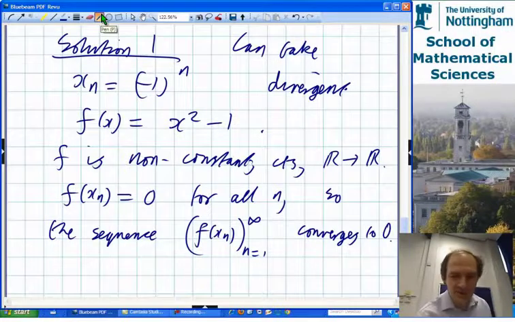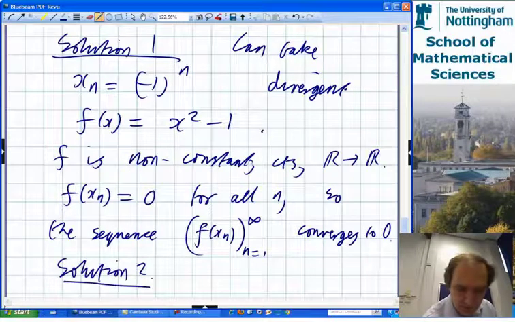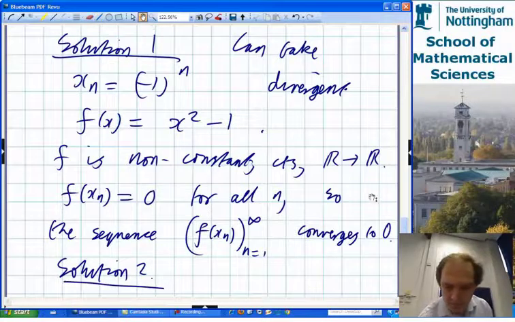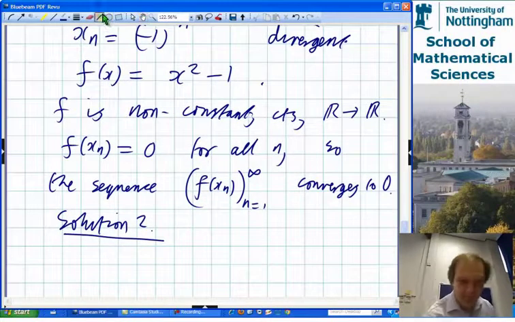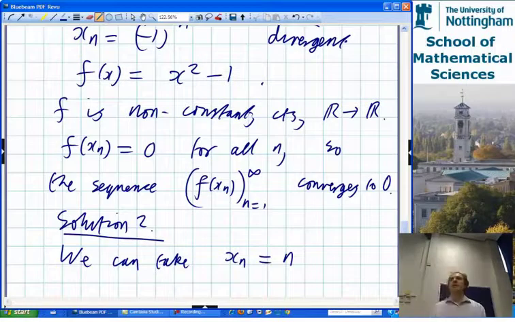If you do want to use a sequence xn equals n, that's a standard divergent sequence.